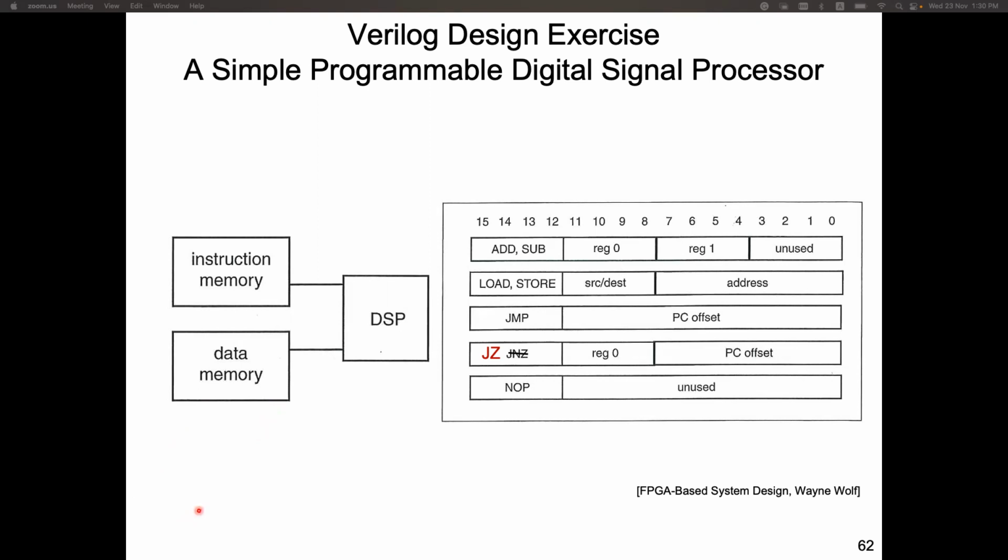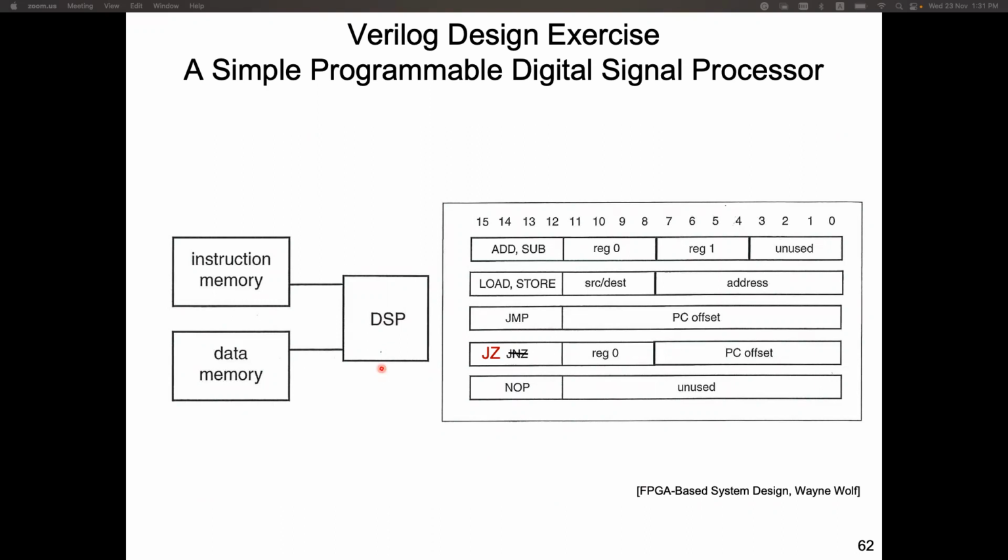Okay, so now let's continue on this microprocessor design. This microprocessor design example is taken from this book. It is a simple microprocessor without pipelining, but it is a complete microprocessor.